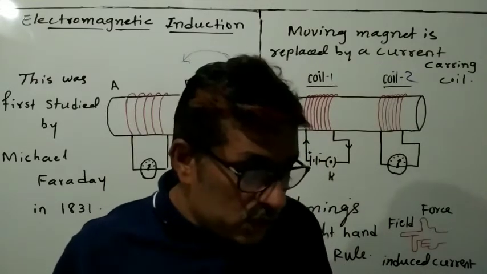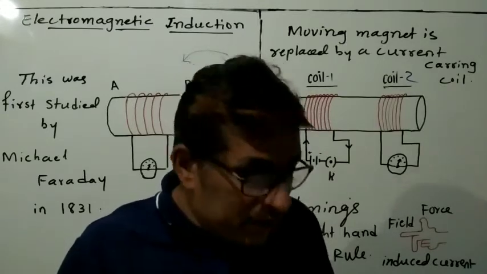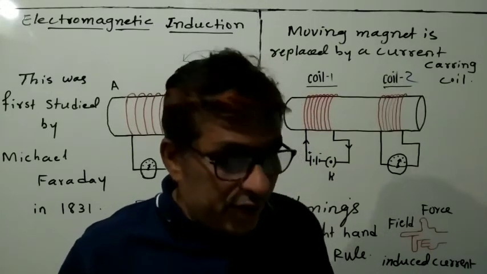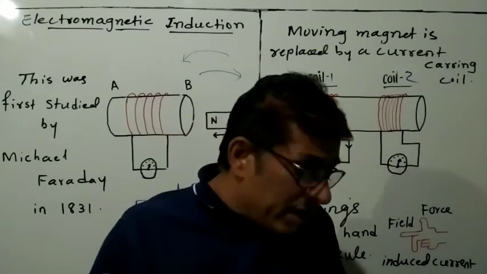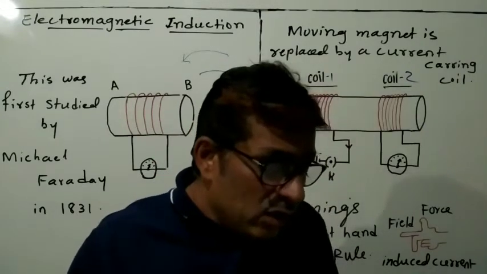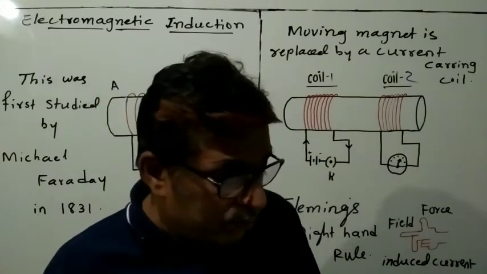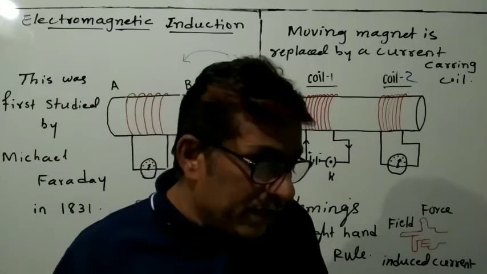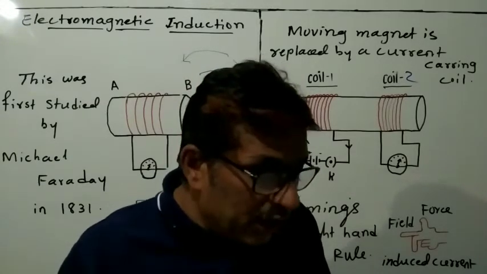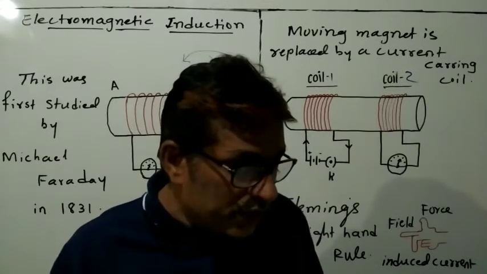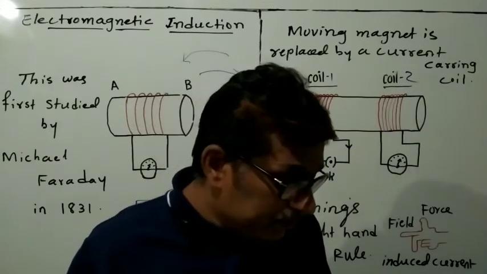In practice, we can induce current in the coil either by moving it in the magnetic field or by changing the magnetic field around it. The more convenient situation is mostly to move the coil. That is the better method.